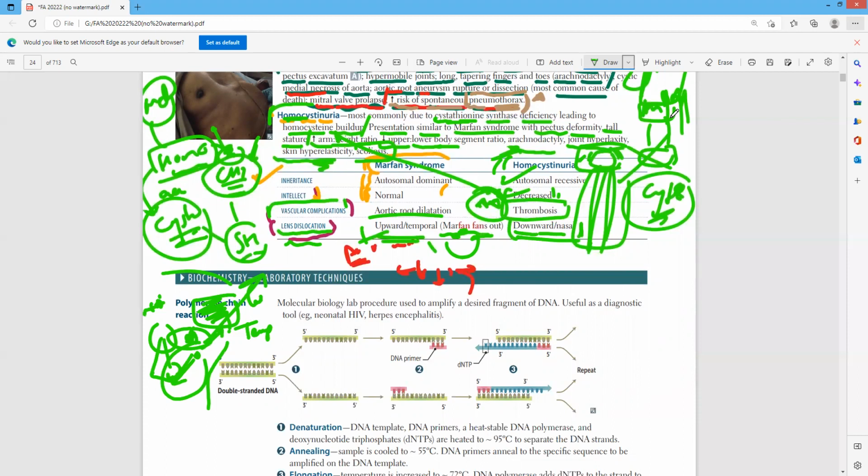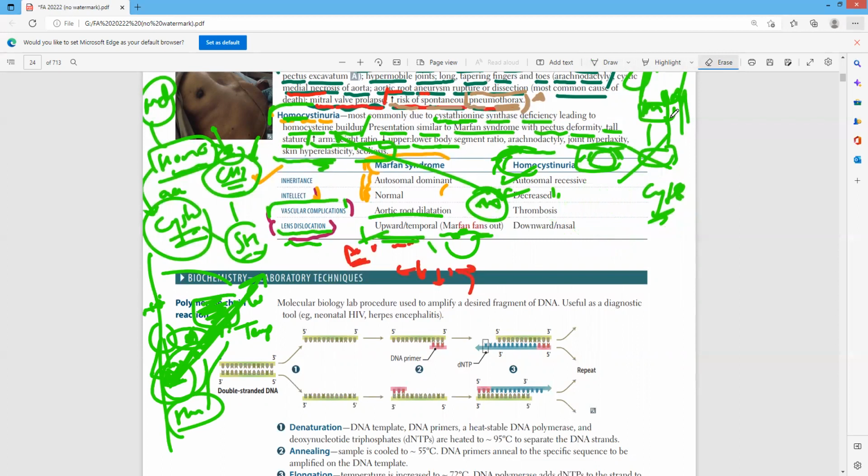To remember, when you go to home, you are going near the midline. This is a mnemonic: the midline to home, to remember homocystinuria. They're going down in that diagonal line. Remember that your home or your house is downward, a shelter from the rain.